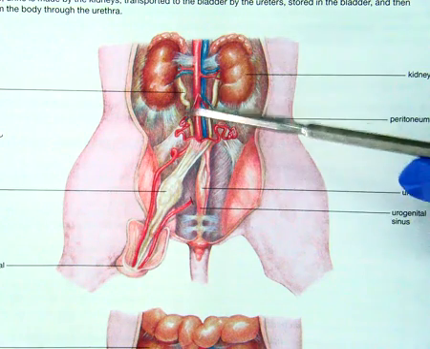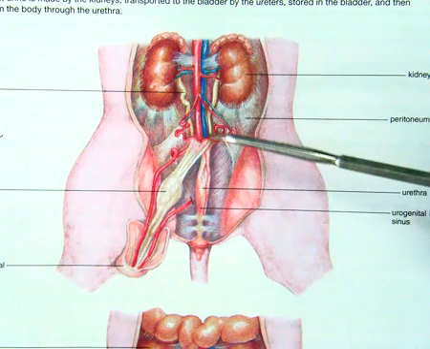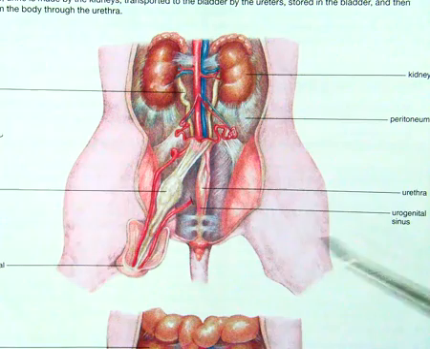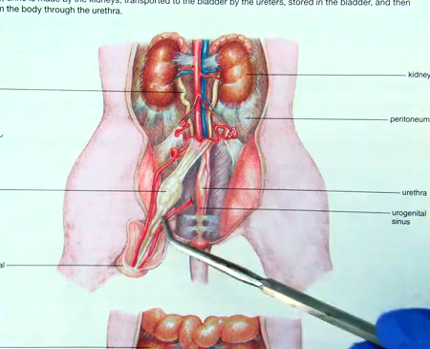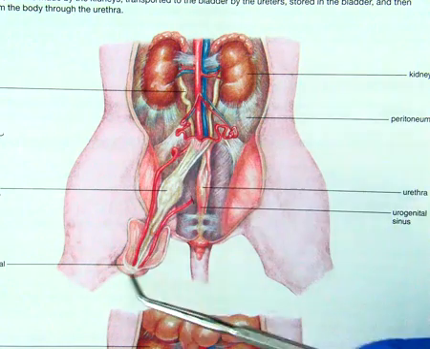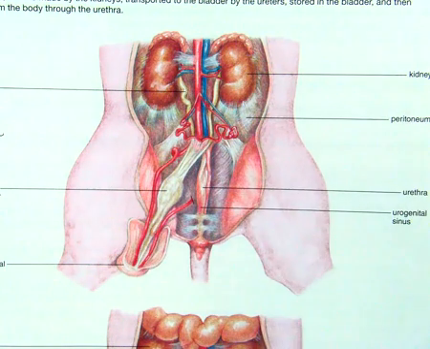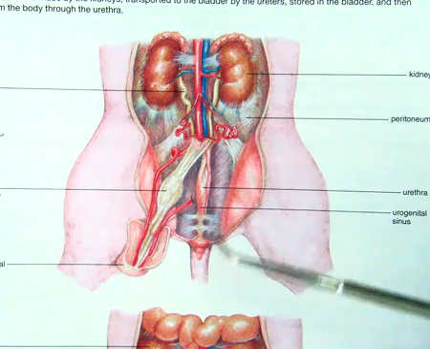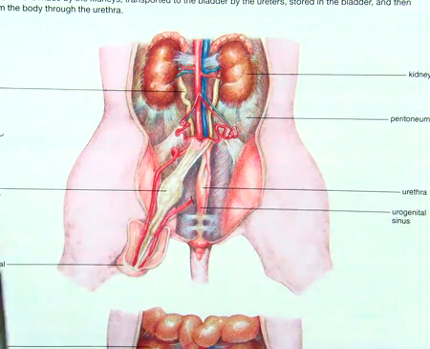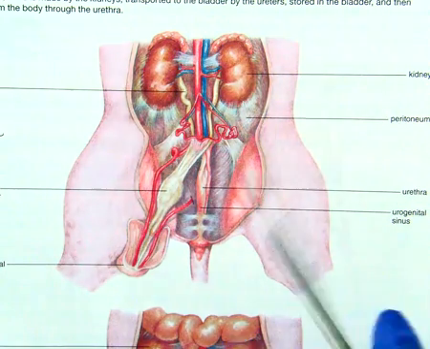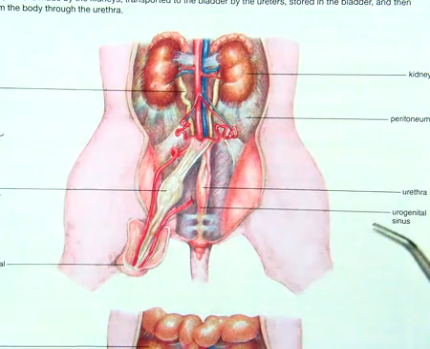And ureters are tubes leading down from each kidney. The urethra would lead away from the bladder, which is right here associated with this part of the umbilicus. I don't think we actually dug in to find the urethra, but we should easily find the kidneys and the ureters and the bladder.